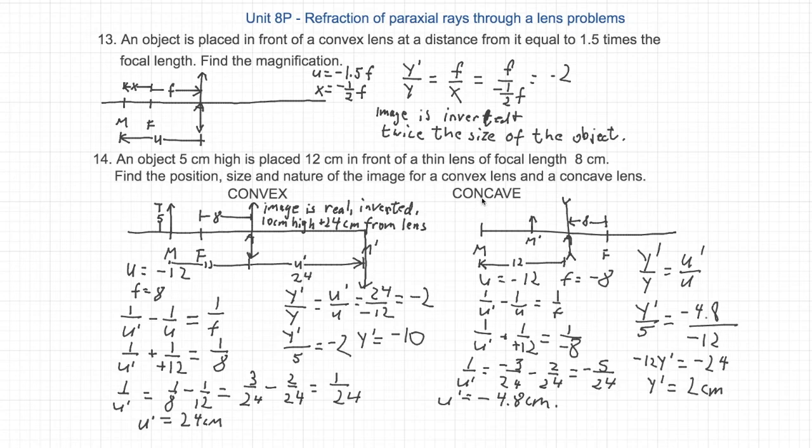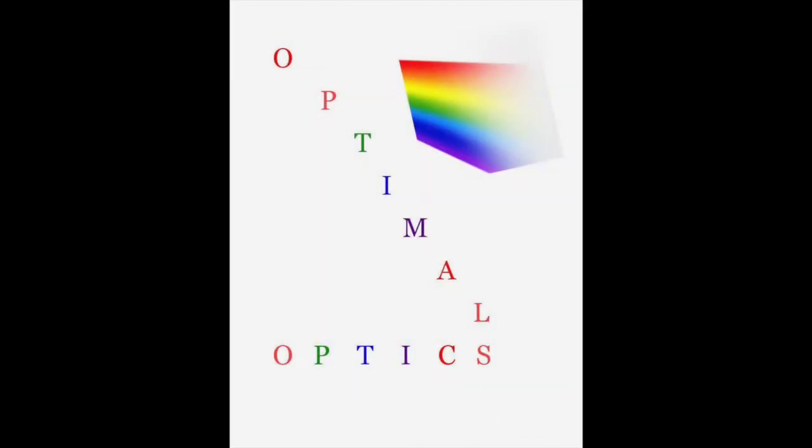So it's an erect image, and it's smaller than the object. So the image is virtual, on the left side of the lens, it's erect, it's 2 centimeters high, and it's 4.8 centimeters from the lens.